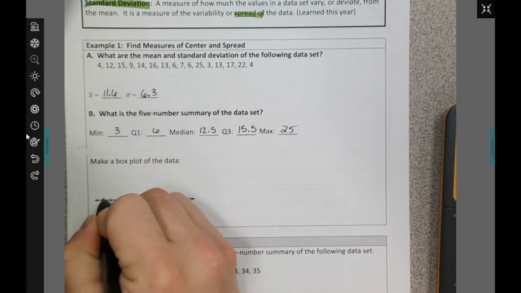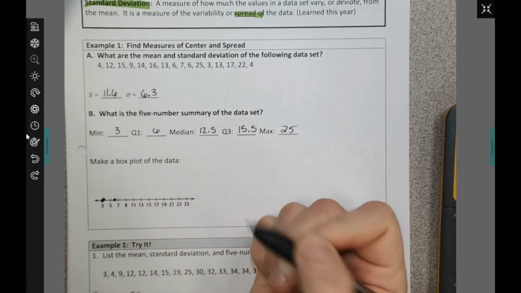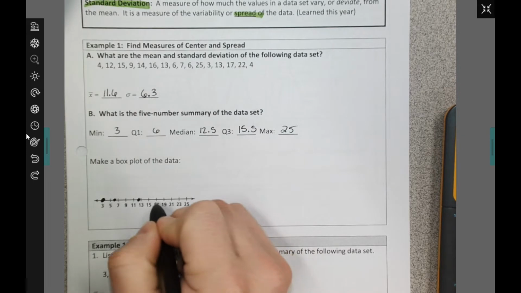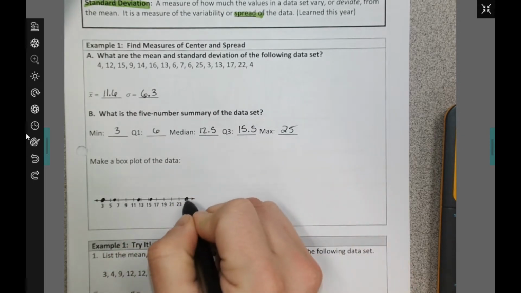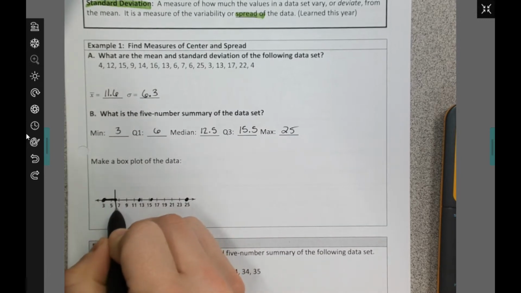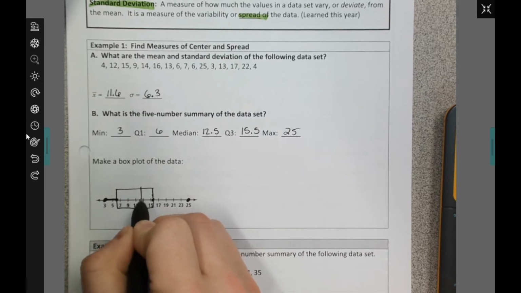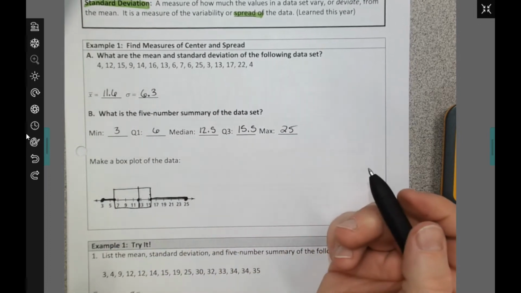So we have our min at 3, Q1 is at 6, median is at 12.5, Q3 is 15.5, and then our max is 25. So you go ahead, connect the first two, box from Q1 to Q3, line through the middle one, connect the last two. Okay, so that would be our box plot.